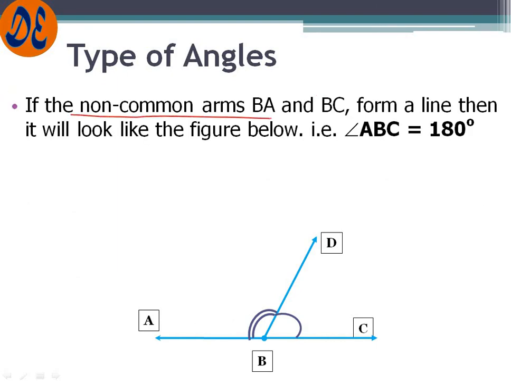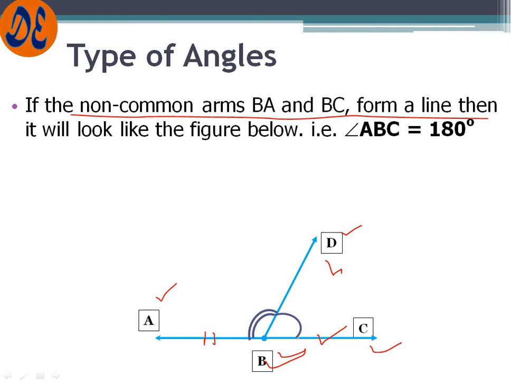Now again, let us see: if non-common arms AB and BC form a line. Here you can say there are two adjacent angles ABD and DBC. So here the non-common arms are AB and BC. These are non-common arms.